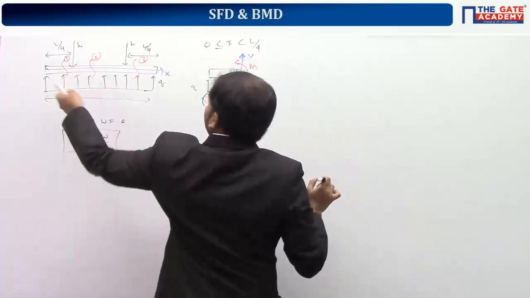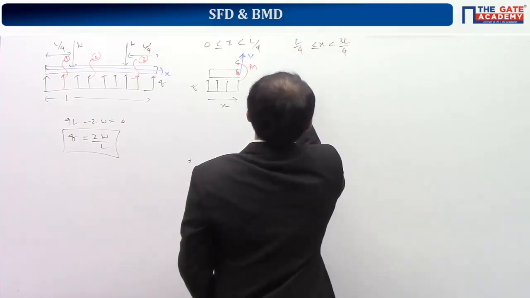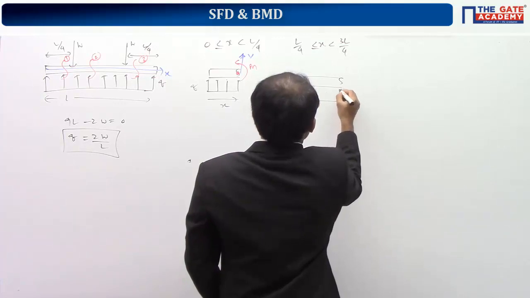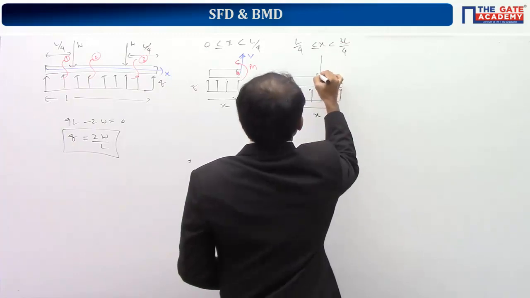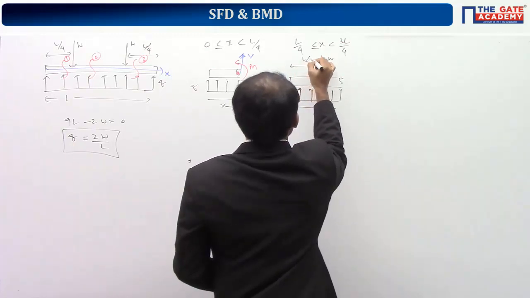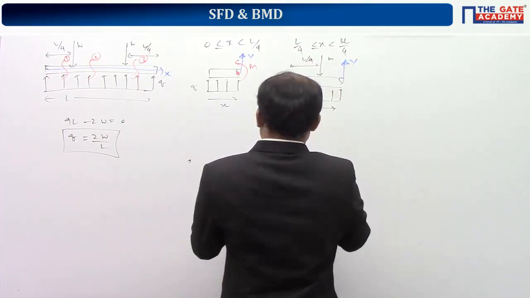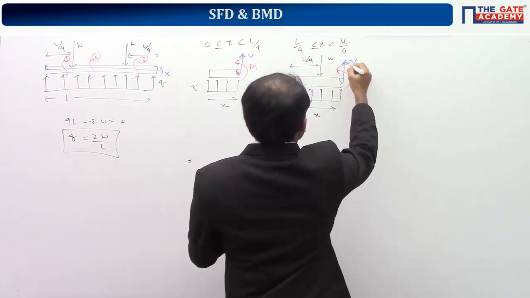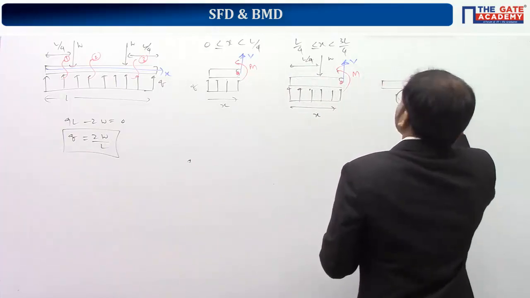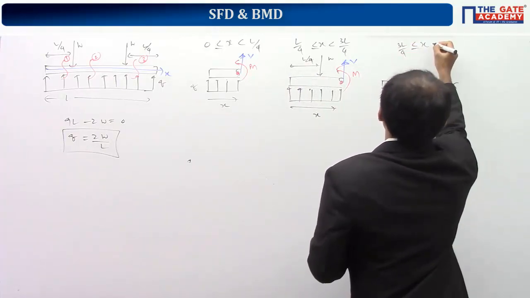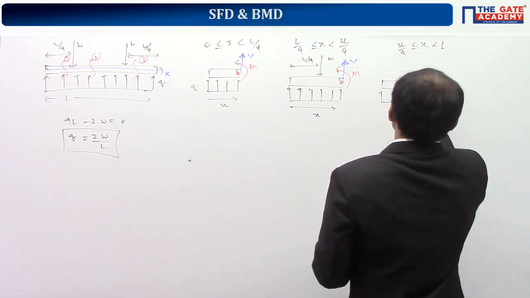Okay, now when you take the next range, it will be from L by 4 to 3L by 4. So you should take this uniformly distributed load Q. This distance will be x, and here W is acting at a distance of L by 4, and this is V, and this is M. Now for the remaining range, you should take the diagram like this.